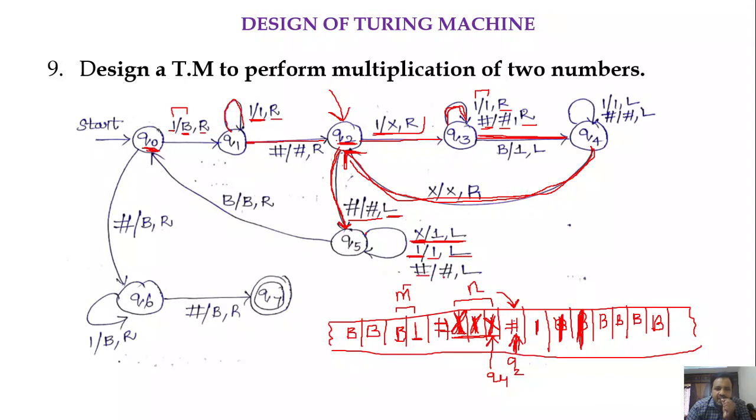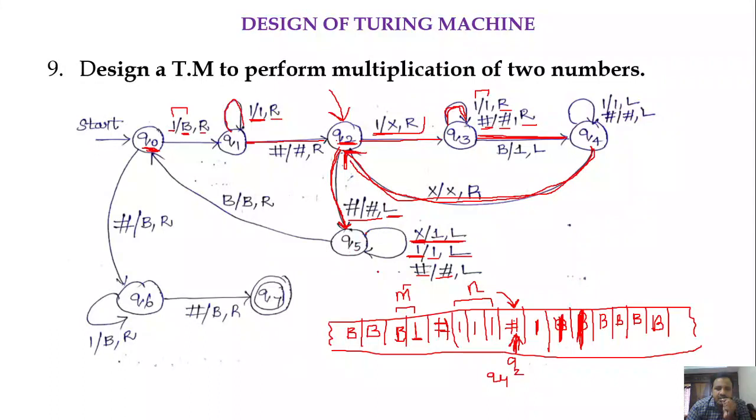If we get hash, keep that hash as it is and move left. So this x will be converted into 1, this x into 1, this x into 1. 1 1 1.